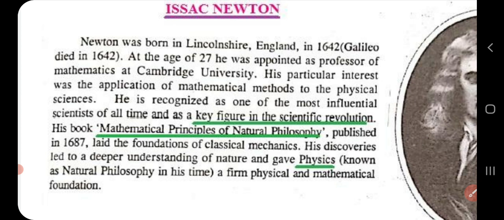His book was named Mathematical Principles of Natural Philosophy, and that book laid the foundations of classical mechanics. All his discoveries gave a deeper understanding of nature, and gave physics a firm physical and mathematical foundation, laying the foundation for classical mechanics, physics, and a deep understanding of nature.